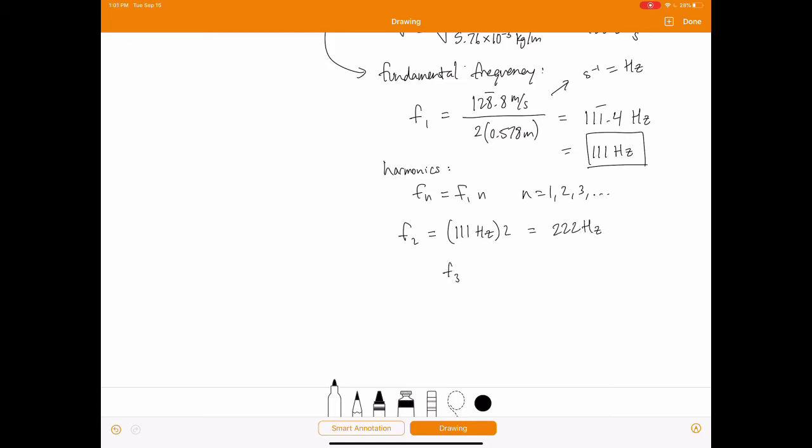And then F3 would be 111 times 3. That would give us 333 hertz. And then F4 would be 444 hertz. So these would be the next 3 harmonics above the fundamental frequency. Again, they're all integer multiples of the fundamental frequency.